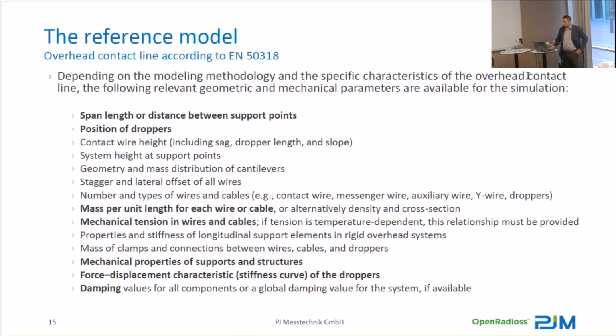So we also have to model this. We of course need to know mechanical properties of the support and the structure. And we of course have displacement characteristics of the droppers. So these droppers here are, of course, also force displacement dependent. Last but not least, we also have damping in our system.